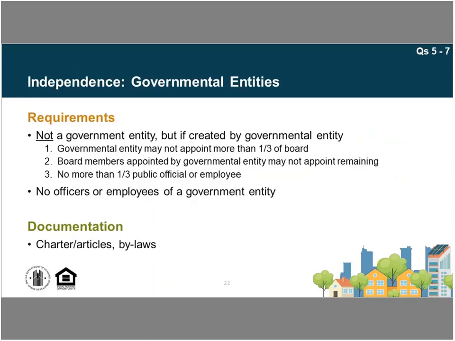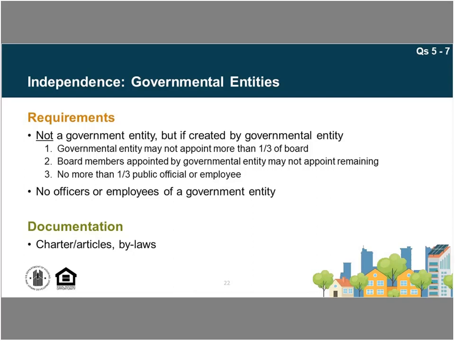Now I move to the category of independence. Independence is a word that we've used to collect a number of different things. What I'm going to stress in these next slides is, first of all, that the CHDO needs to be independent of governmental entities, and secondly, independence from for-profit entities.